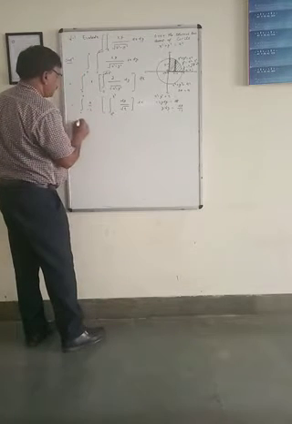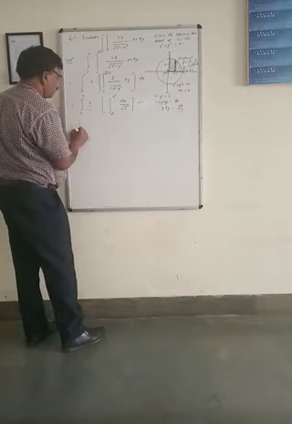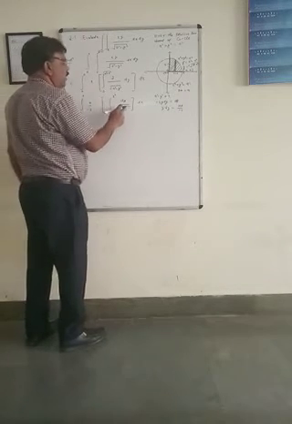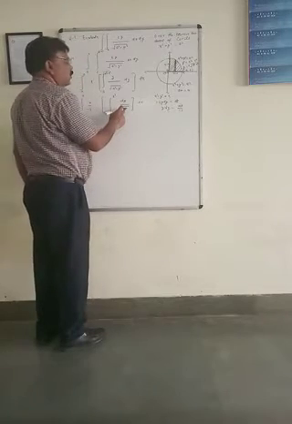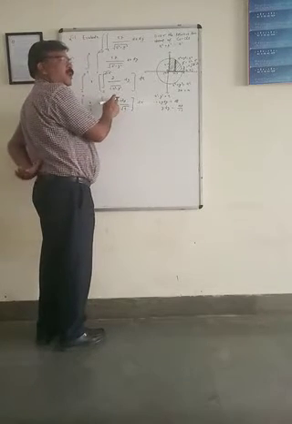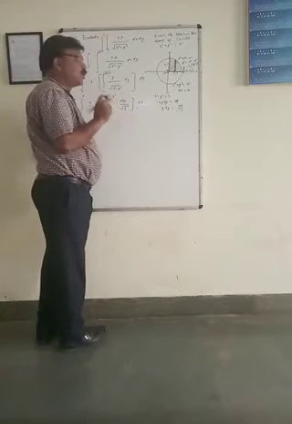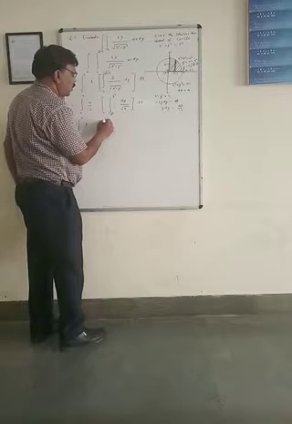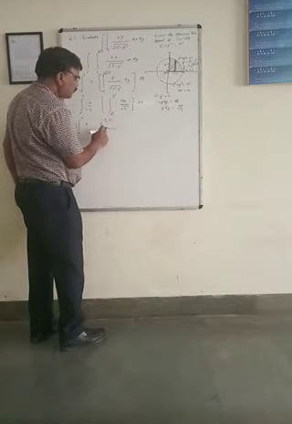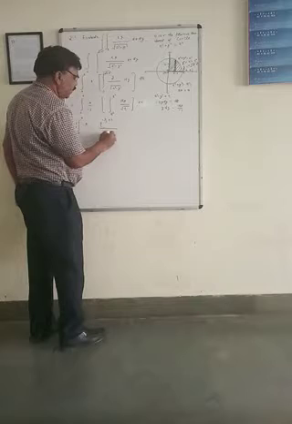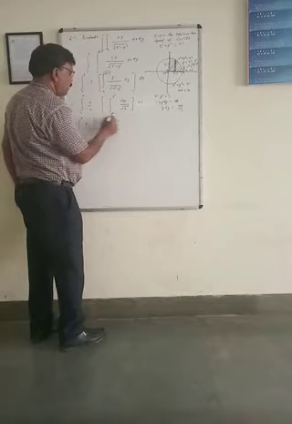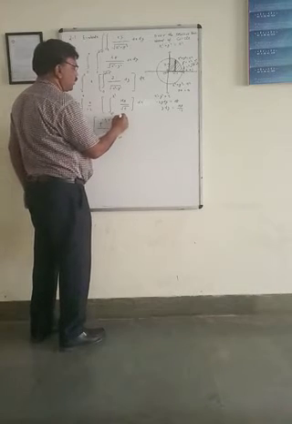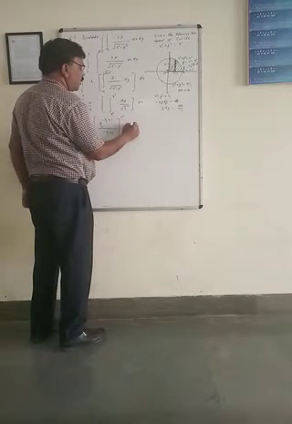Again, taking minus 1 by 2 as common, 0 to a, and integrating t to the power 1 by 2, since in the numerator t has the power minus 1 by 2. After integration, t to the power minus 1 by 2 plus 1 upon minus 1 by 2 plus 1, with the lower limit a square and the upper limit x square, dx.